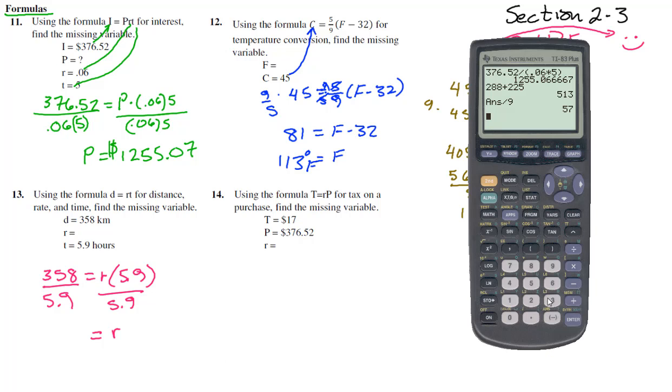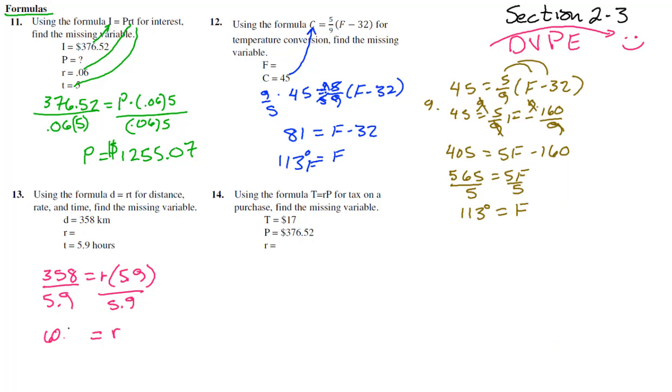Better bring up the calculator. 358 divided by 5.9. And we get 60.68. 60.7. And this would be in kilometers per hour. Excellent.